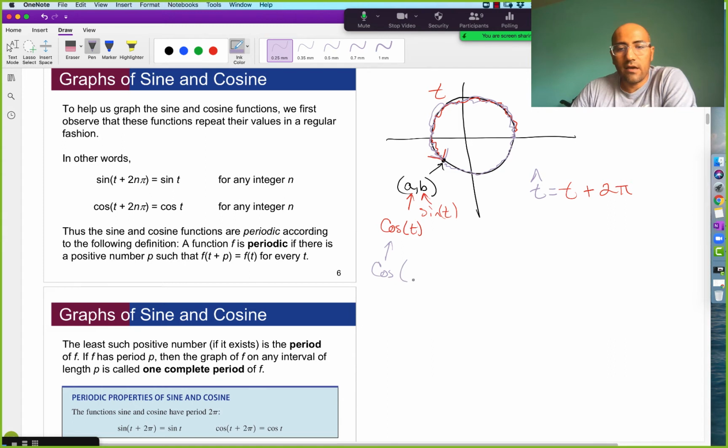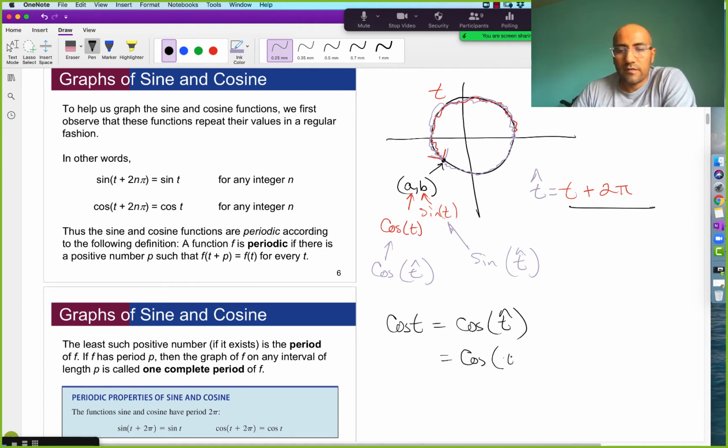So cosine of t hat is going to be the same as cosine of t, which gives us the a value, and sine of t hat is the same as sine of t. Good. Okay, so if we piece that together, cosine of t is equal to cosine of t hat, where t hat was defined to be that.